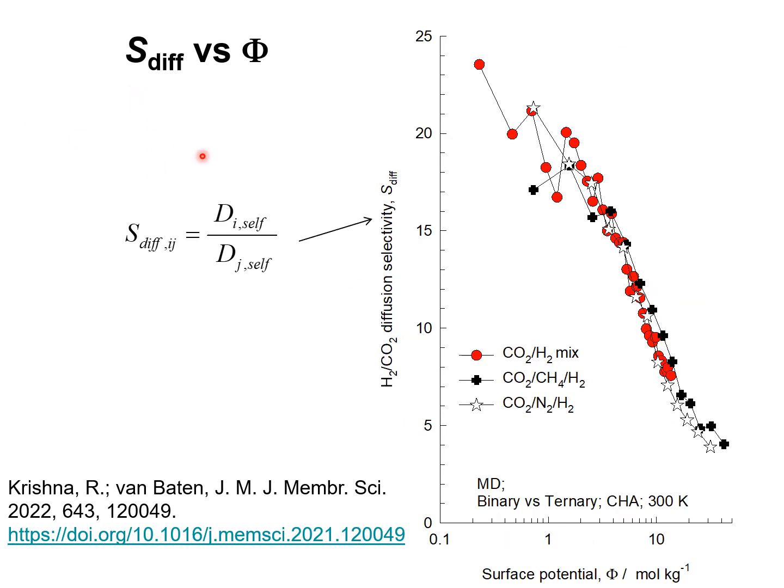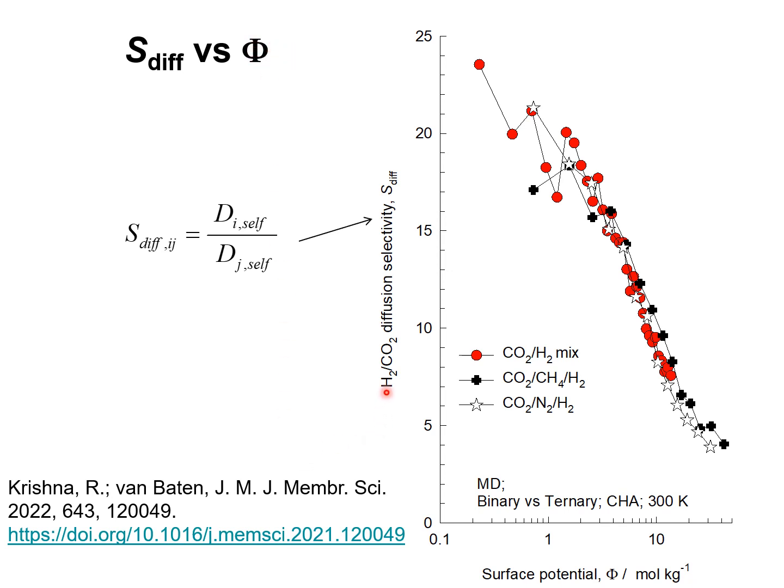Molecular dynamics simulations of intracrystalline diffusivities show that the self-diffusivities are uniquely related to the surface potential, and the diffusion selectivities, defined as the ratio of the self-diffusivity of component i with respect to component j, are also uniquely related to the surface potential.